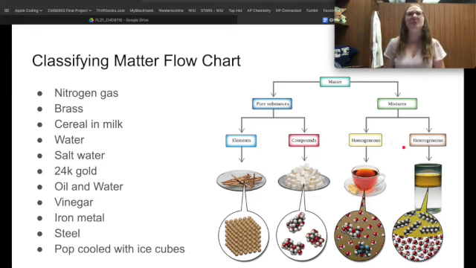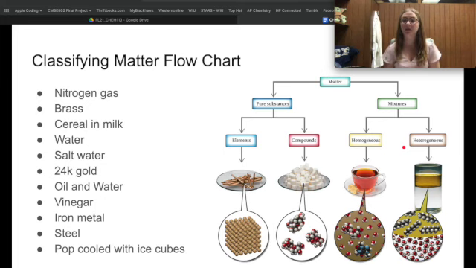By my description, as I've thought through this process, I'm going to classify that as heterogeneous, because there were lots of different pieces to that mixture of cereal and milk that were very different from each other, very different experiences when you're at the very start of your cereal versus the end of the bowl. Those are some examples of how we can work through this flow chart.